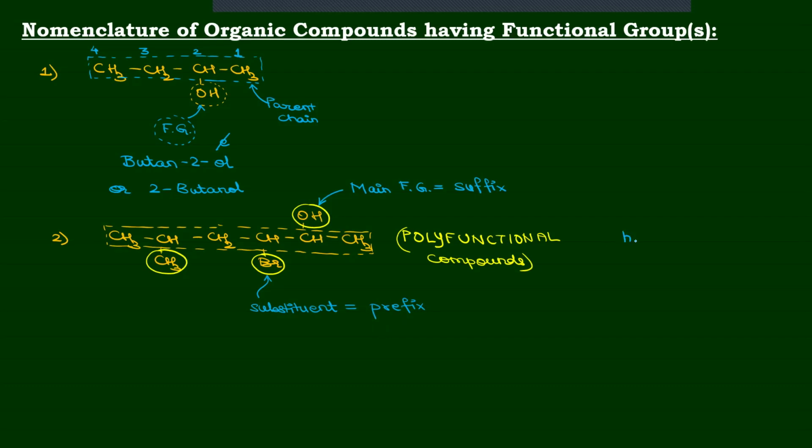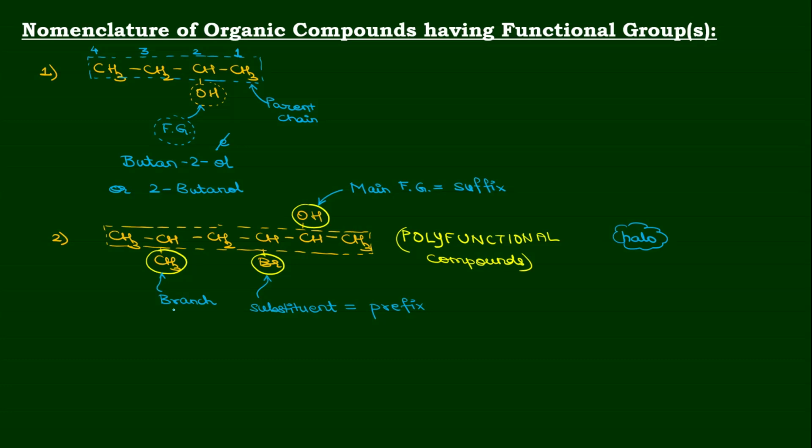It's given as halo, which is a general name for fluoro, chloro, bromo, iodo. Of course, for bromine you will say bromo. And this carbon branch is a methyl branch. So in a polyfunctional compound, the higher priority functional group becomes the main functional group, whose suffix you need to remember from the table, and the other functional groups are treated as substituents, whose prefix needs to be assigned.